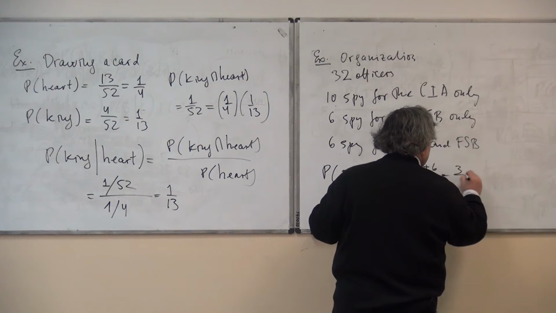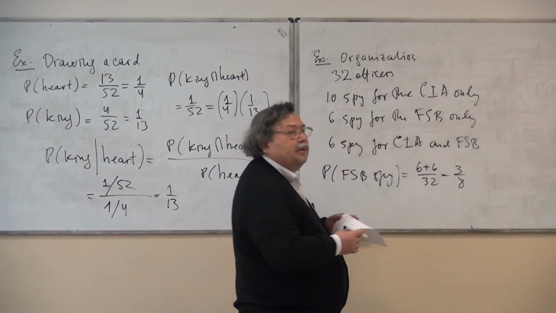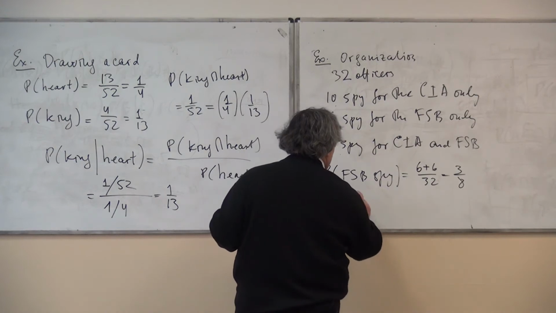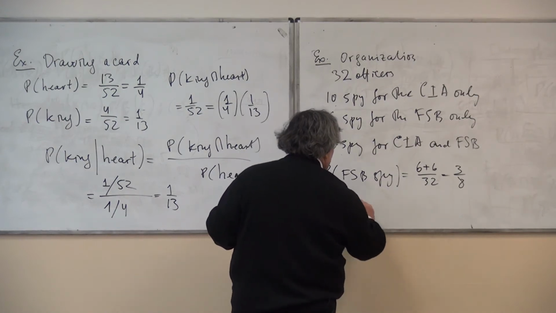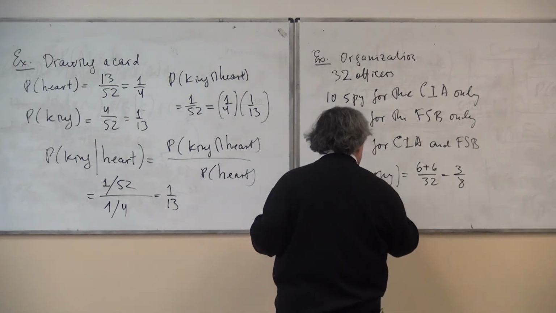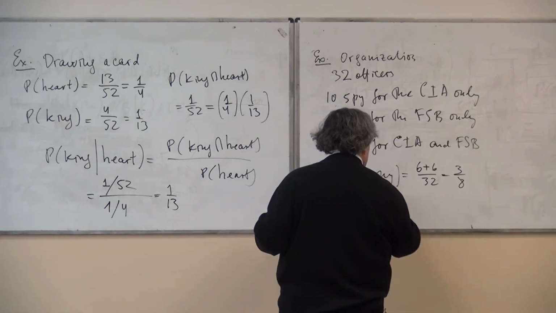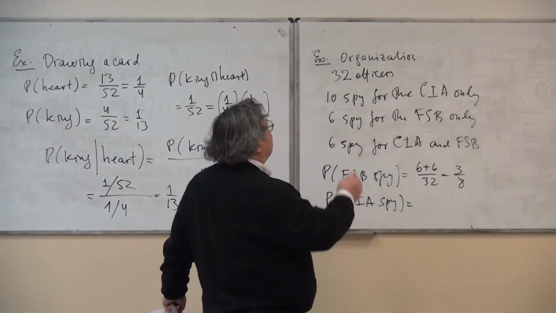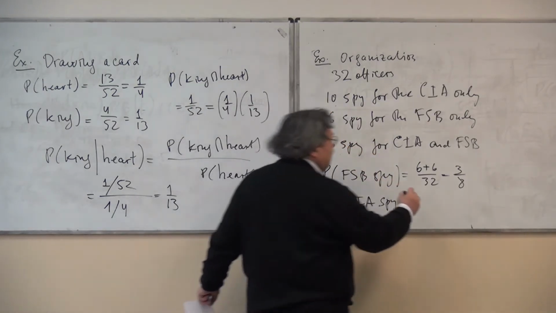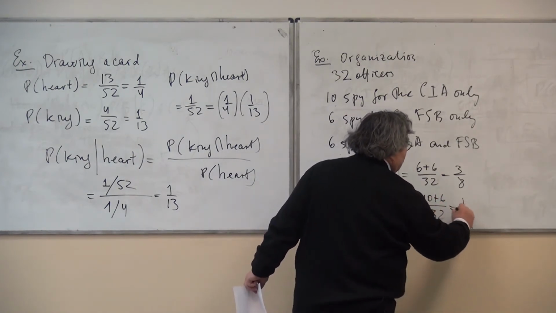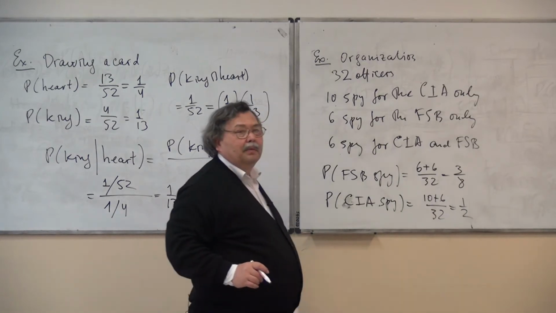And after simplification, we get this answer, 3/8. And what's the probability that this randomly chosen guy is a CIA spy? The total number of CIA spies is 10 plus 6, so 10 plus 6 over 32, and this simplifies to 1/2.